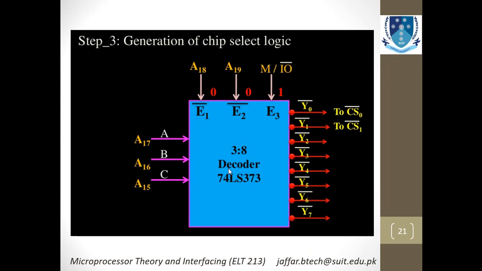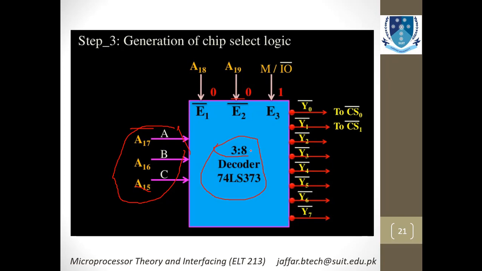So you can see that this is a 3 cross 8 decoder. The input will be these 3 and the output will be these 8. You can see 1, 2, 3, 4, 5, 6, 7 and 8.